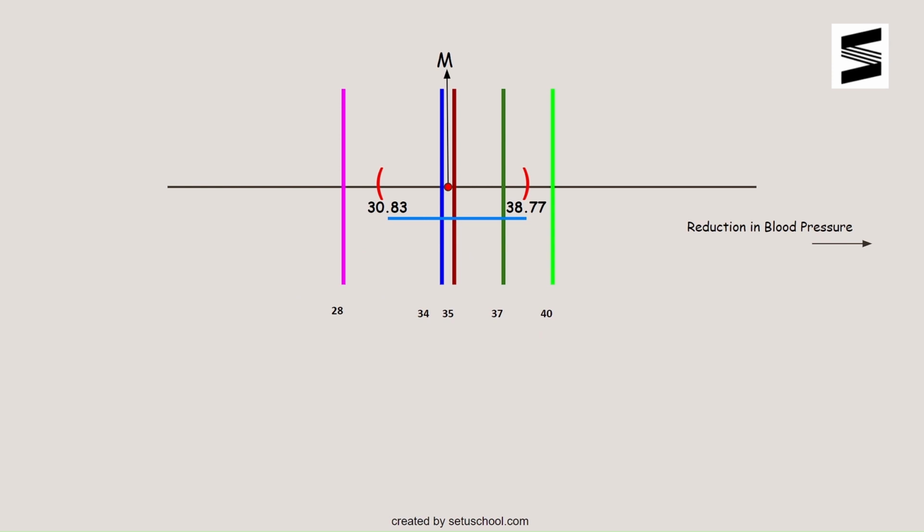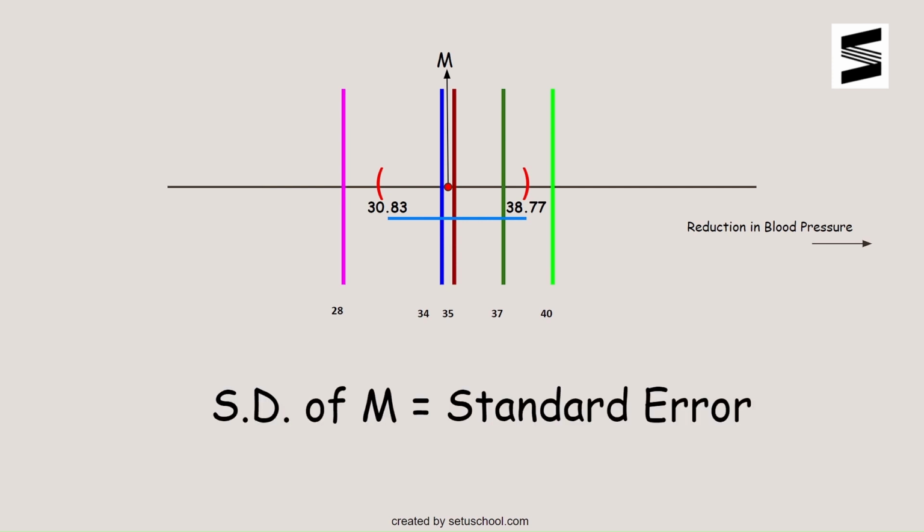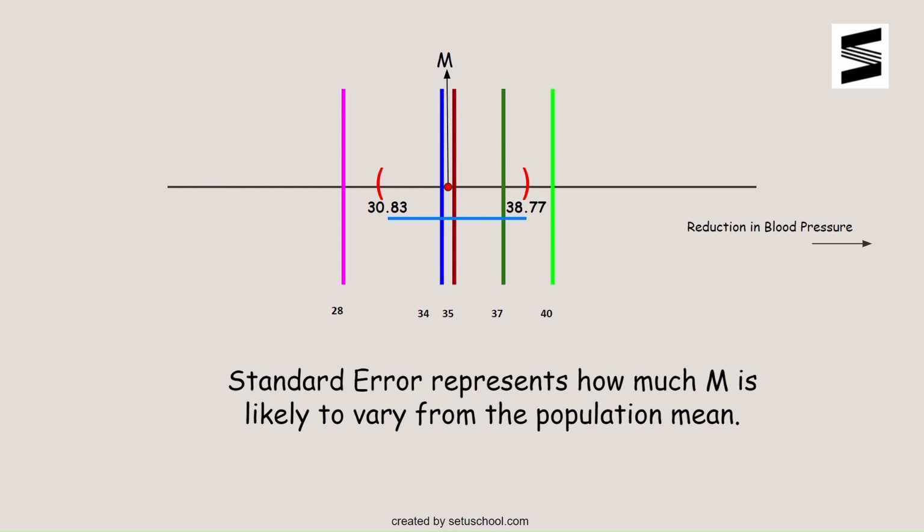Thus, we get an interval in which the actual mean will lie, and this is called the interval estimation. Here, the standard deviation of capital M is called the standard error. This standard error actually represents how much our calculated mean of means is likely to vary from the population mean.